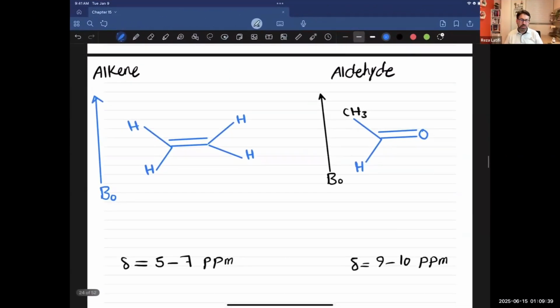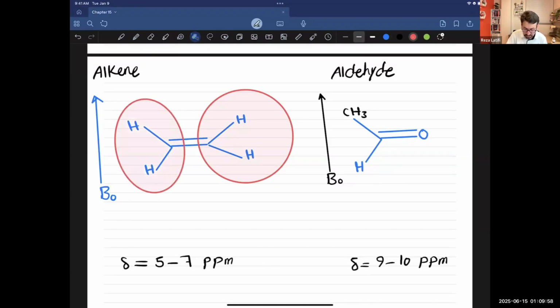How about alkenes? An alkene system again has a pi bond, or pi system, and it can generate the same magnetic field. So we have a magnetic field that is traveling in this direction, and again, same thing here.